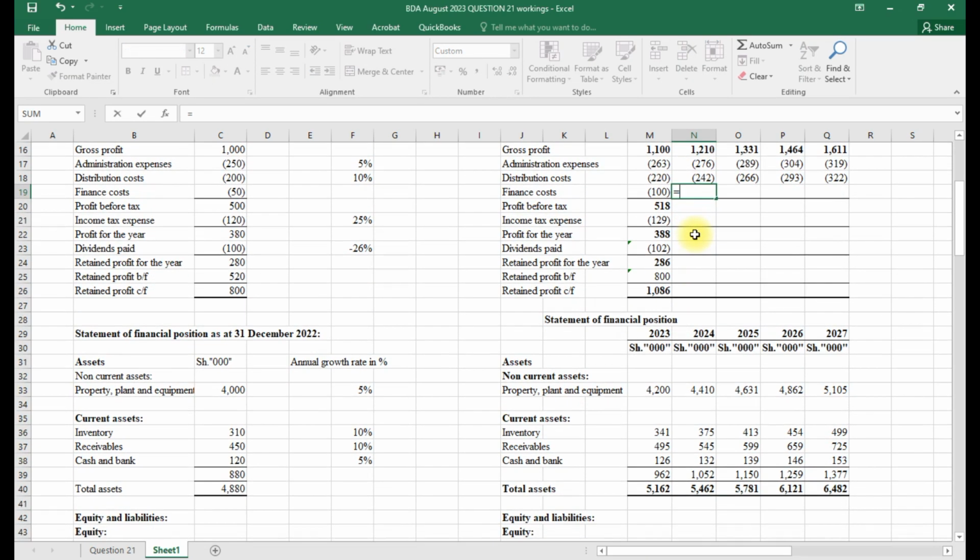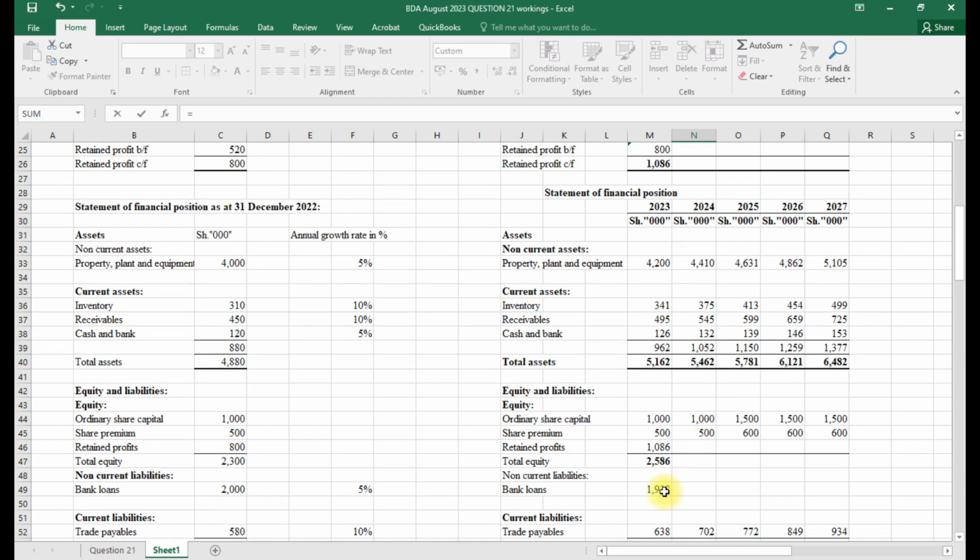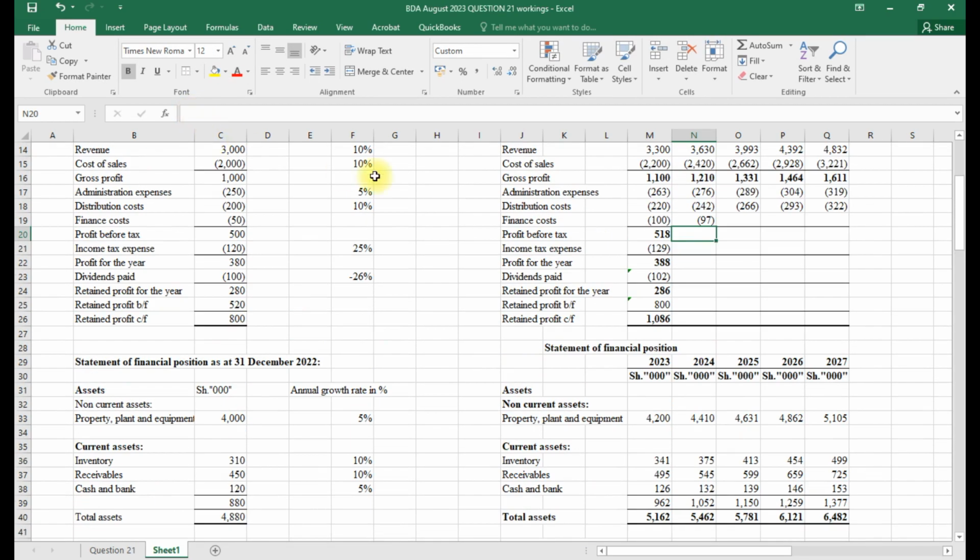We take this loan and multiply by 5%, and it's supposed to be negative, so that our finance cost will be that. Then just drag this to get our second year to be 595.